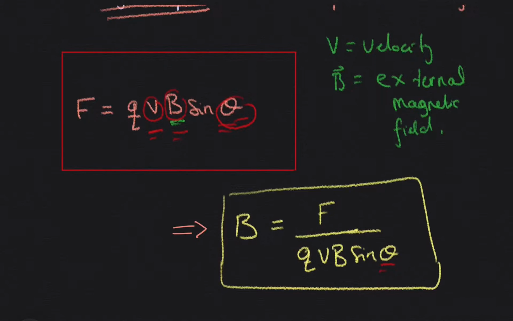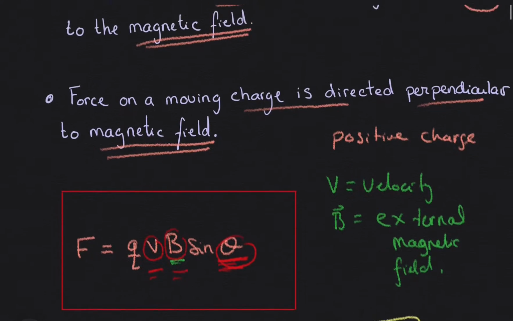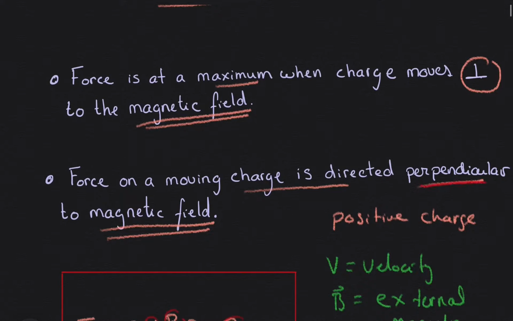In the next couple of questions, we're going to have different directions of motion for a proton and the applied magnetic field. This is why you have a maximum at theta equal to 90, because when theta is equal to 90, that's the angle which gives us the perpendicular component.